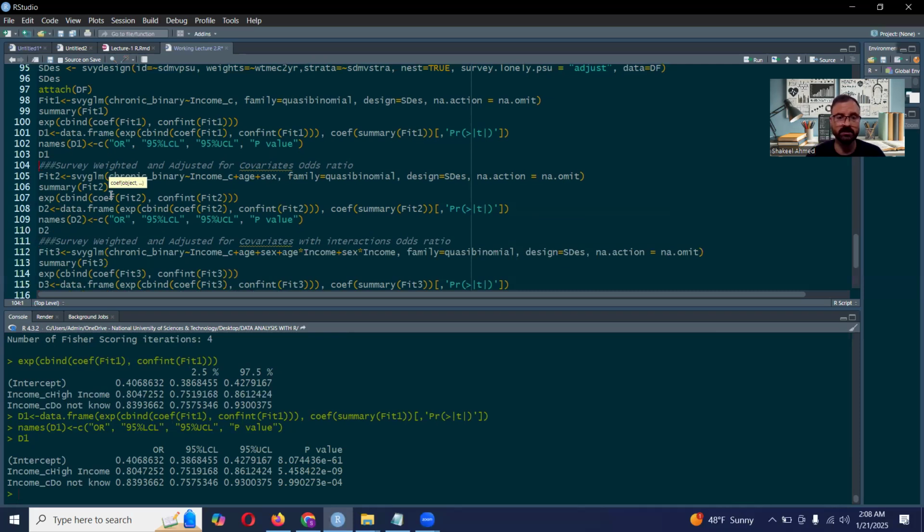Adjusting for covariates is necessary when we have imbalanced data. For example, the effect of income on chronic condition is dependent on age.